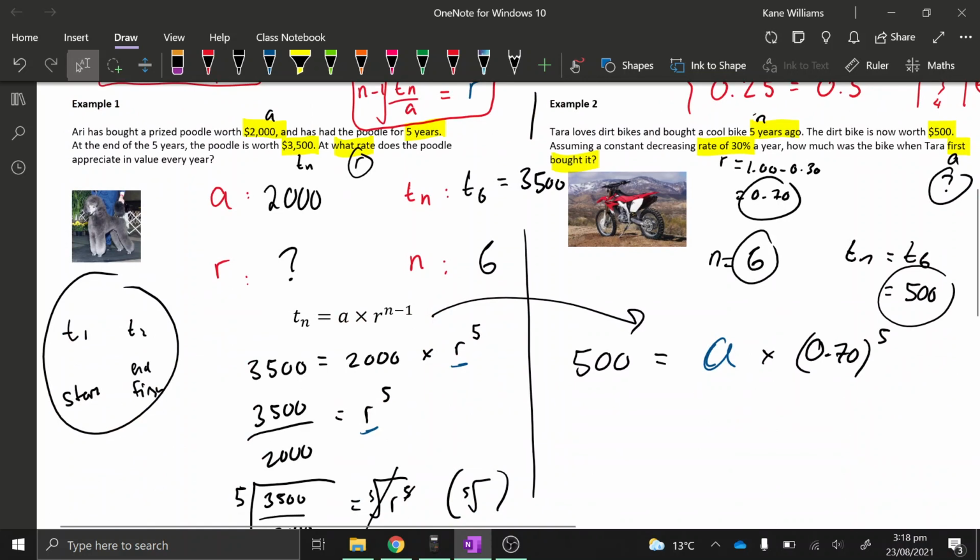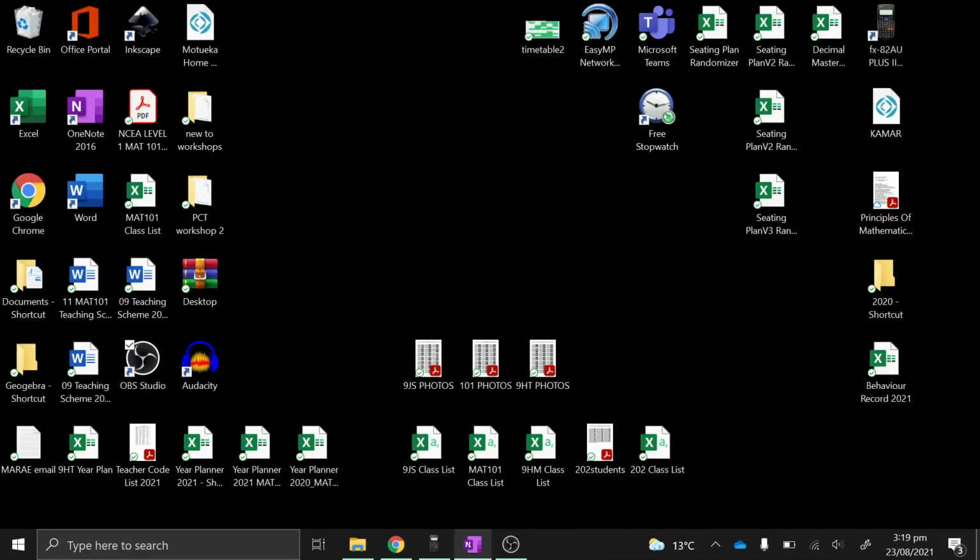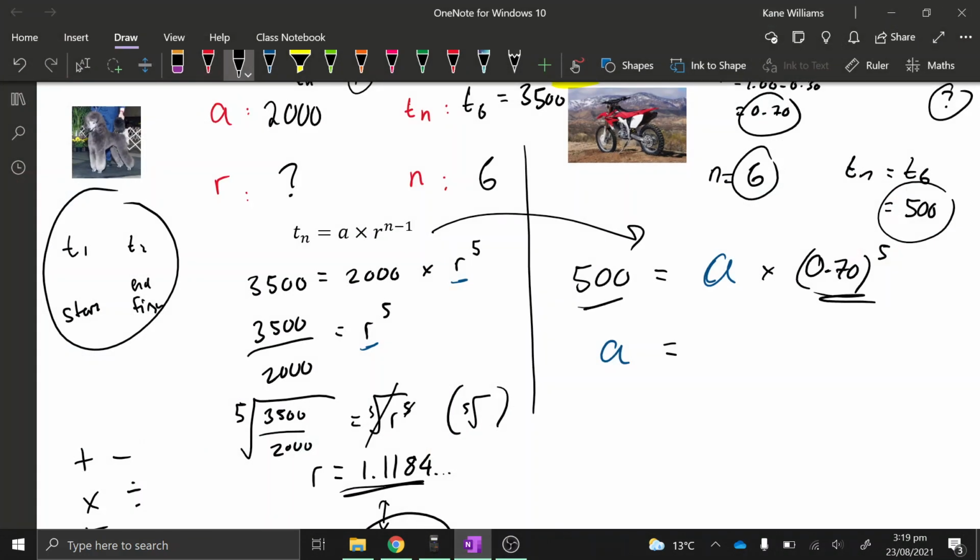So Tn is 500 divided by that stuff there. So A equals that thing divided by that thing.